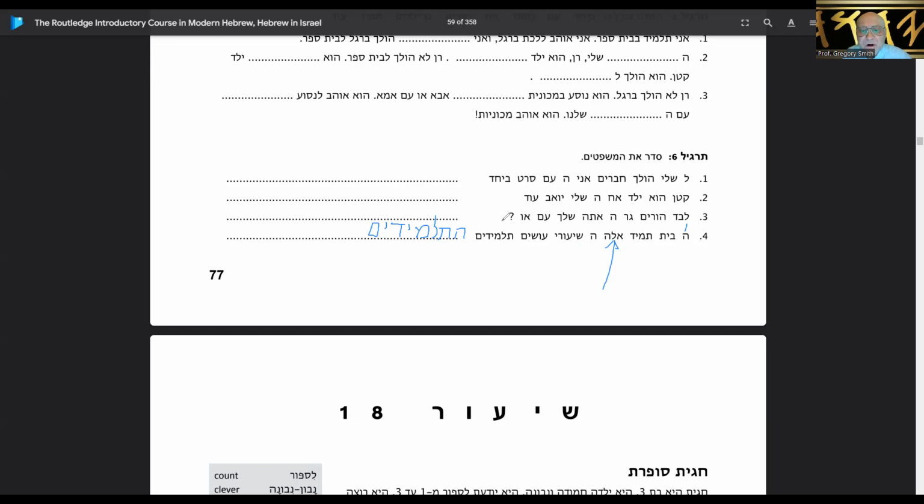Unless, okay, let's try it out. Let's put Ela here. Okay, so Ela ha talmidim. So these are the students. We got rid of that. We got talmidim. We got Ela.